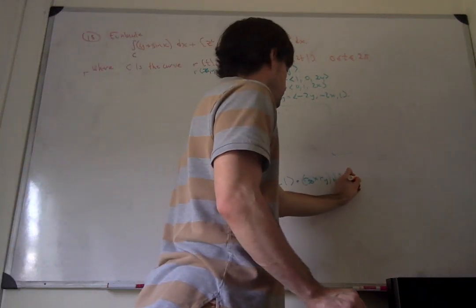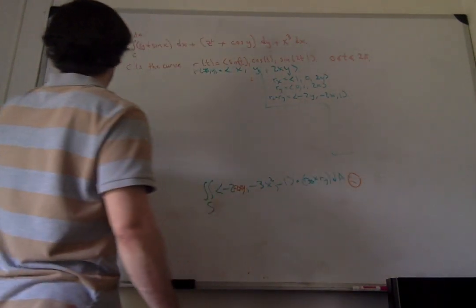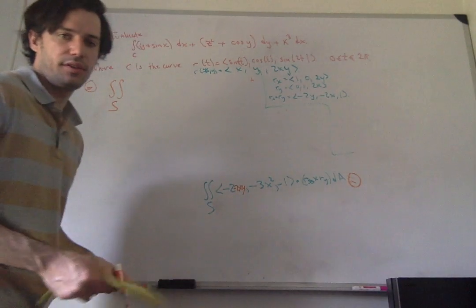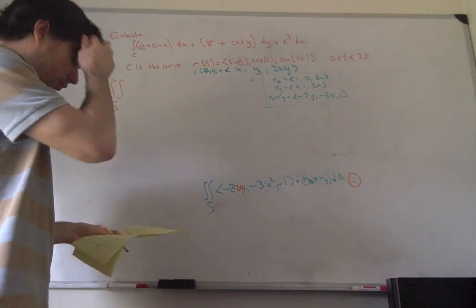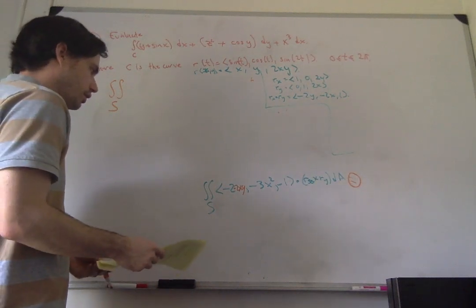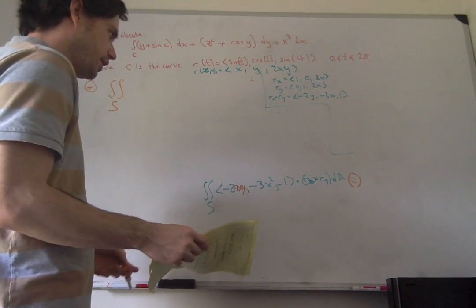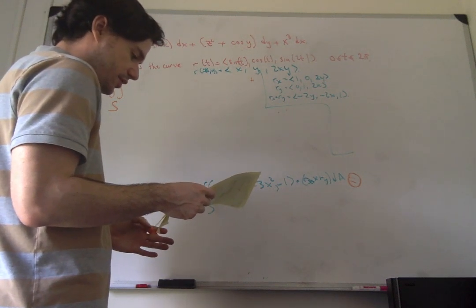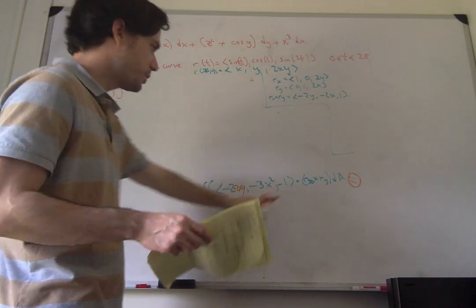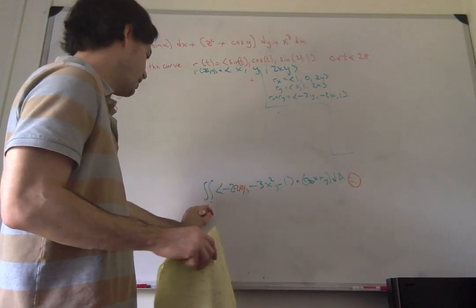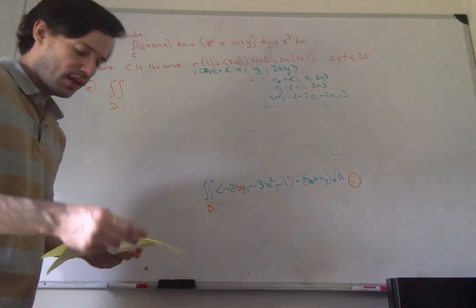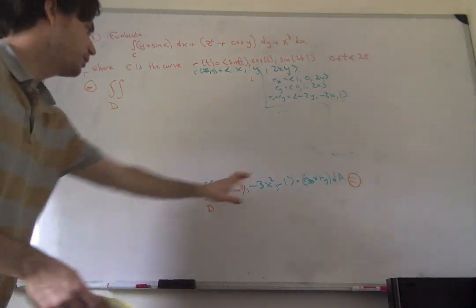Okay, so this is going to equal the double integral over the surface S. I apologize. Once we introduce this, this should have a d, and so that should have a d. So apologies for that. So we have that.